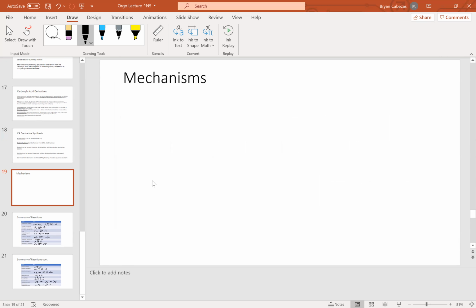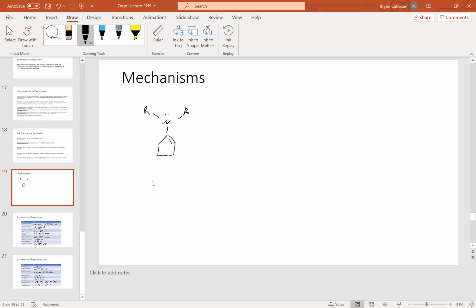So let's say we have this reactant right here. And we're starting off with our enamine. So we have an R group, another R group. Say we have this, and we're going to form our tautomer.